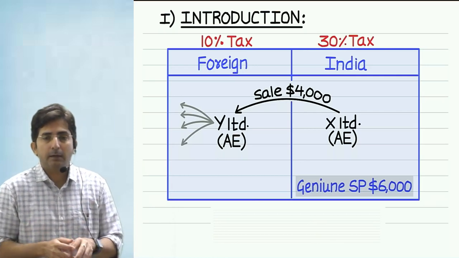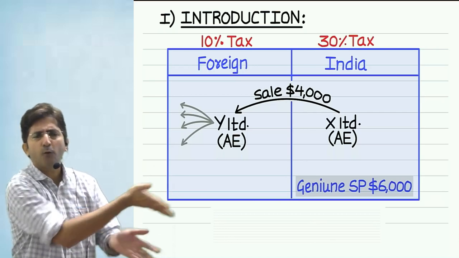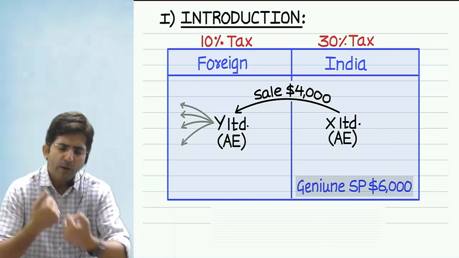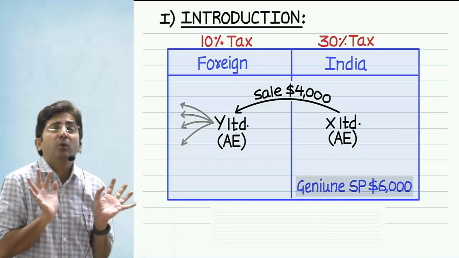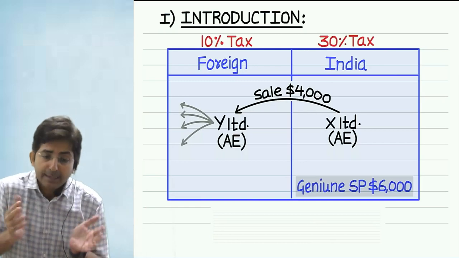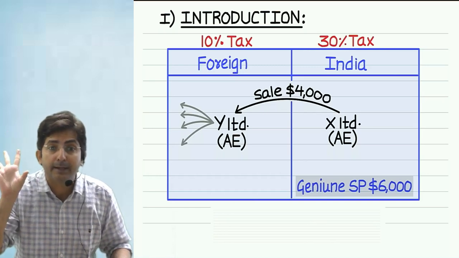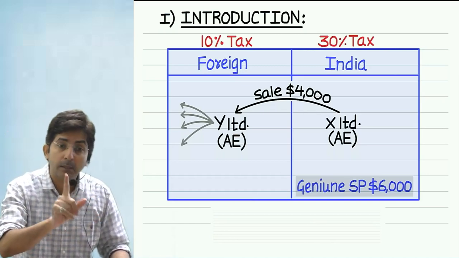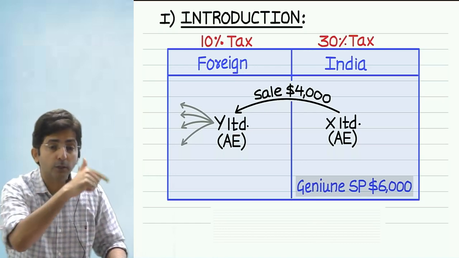I am selling my whole consignment to only one entity, formed by me only, and since it is my entity, I will sell at the lowest price, so that in India it looks like the sale is so low, the profits are so low, and I can reduce my profit and reduce my tax by 30% in India. I am repeating because this example is very important, the base of the chapter. This is the blood and lifeline of the topic.